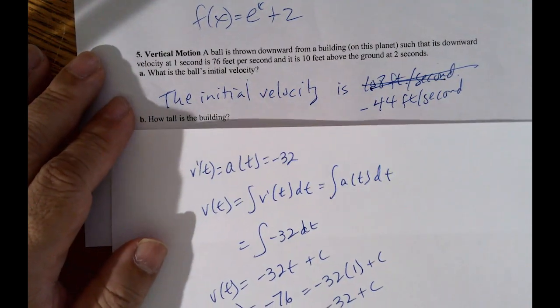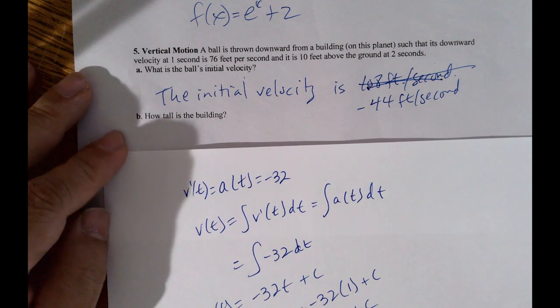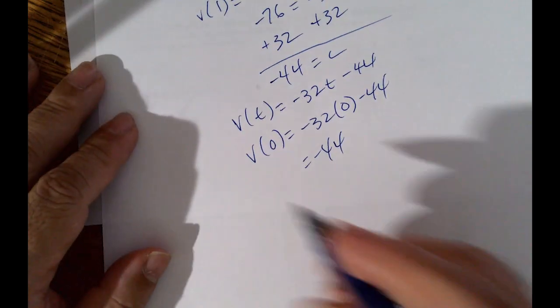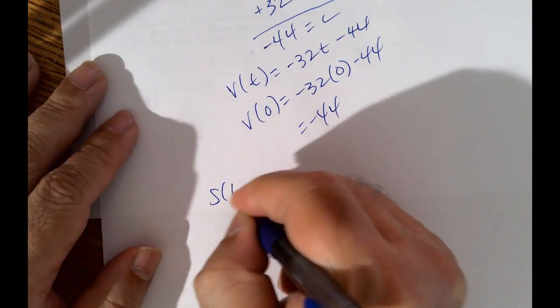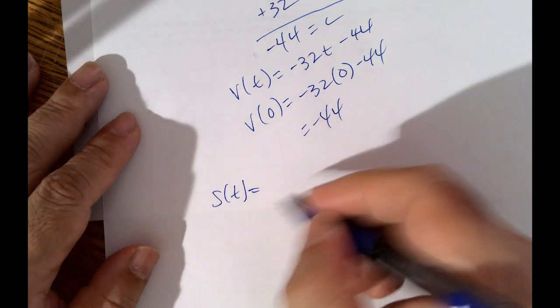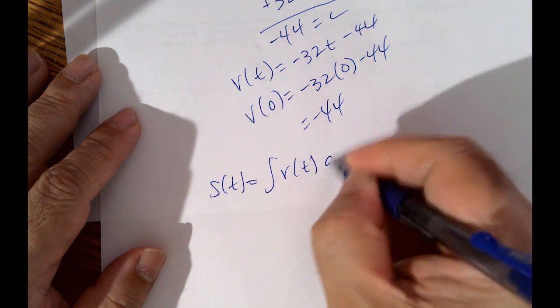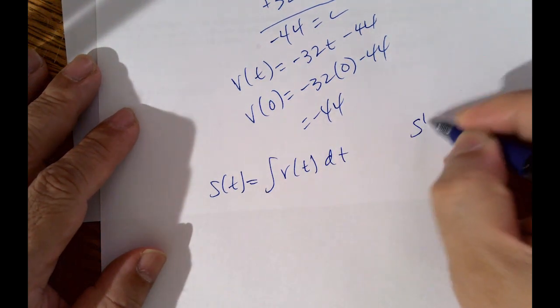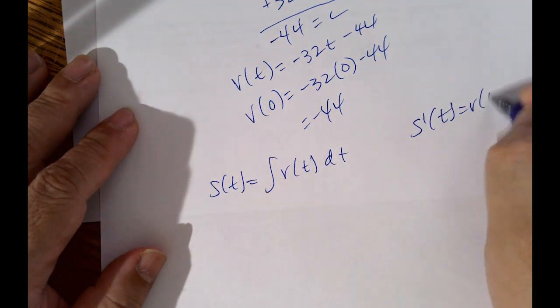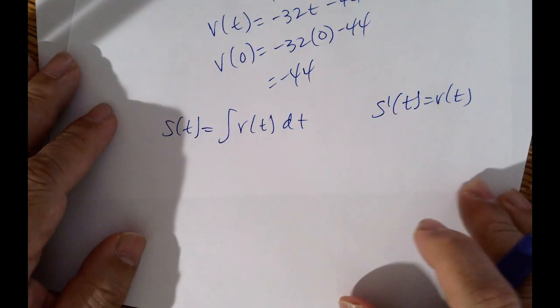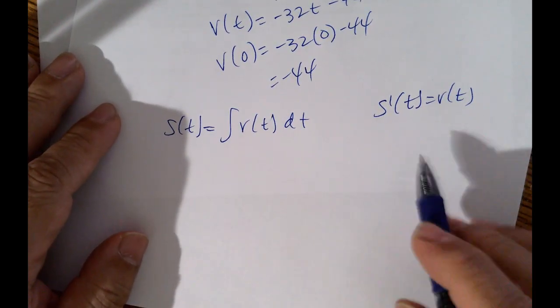Okay. How tall is the building? Well, the height of the building is s of t, which is the integral of v of t, because remember, s prime of t equals v of t. The derivative of position is velocity. So we integrate that.